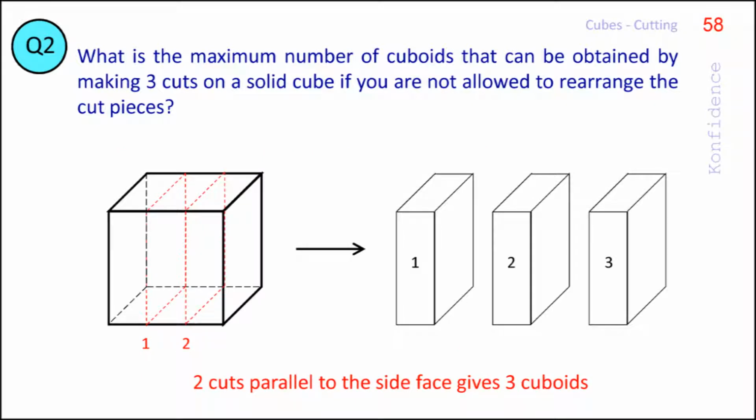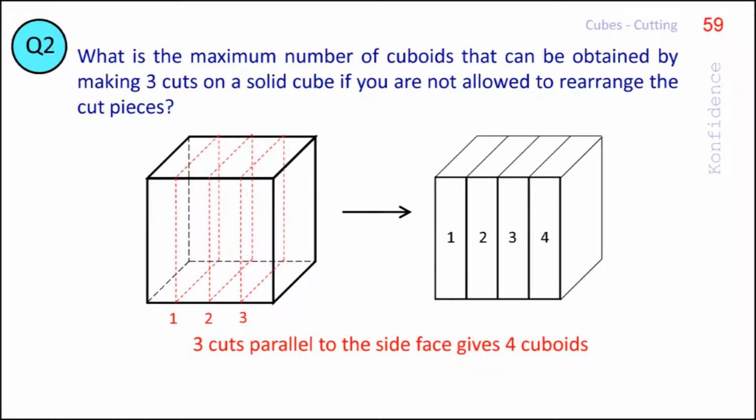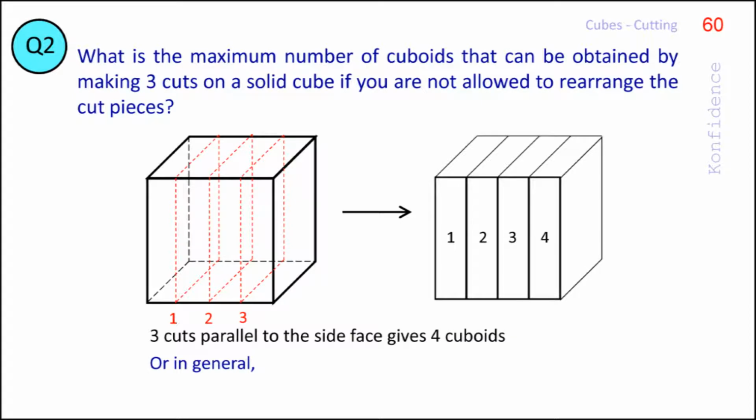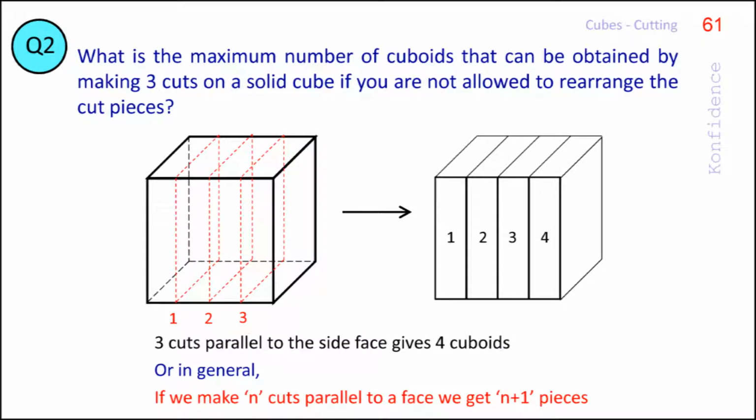Here we can see that if we make 2 cuts parallel to a face, then we get 3 cuboids. If we make 3 cuts parallel to a face, then we get 4 cuboids. Or in general, if we make n cuts parallel to a face, we will get n plus 1 pieces.